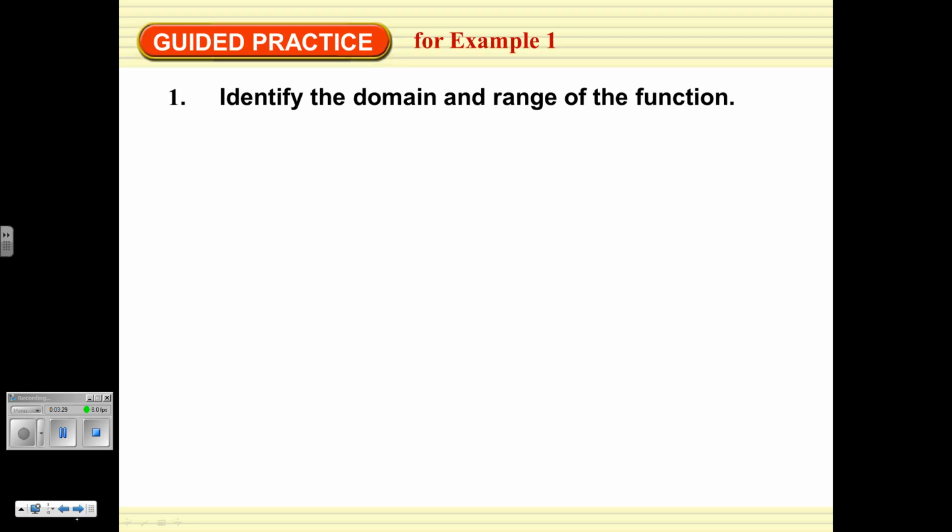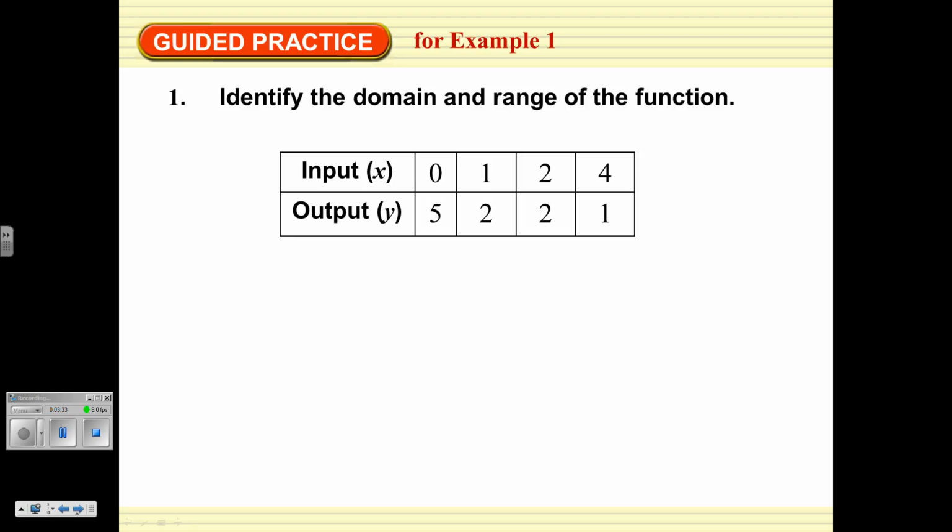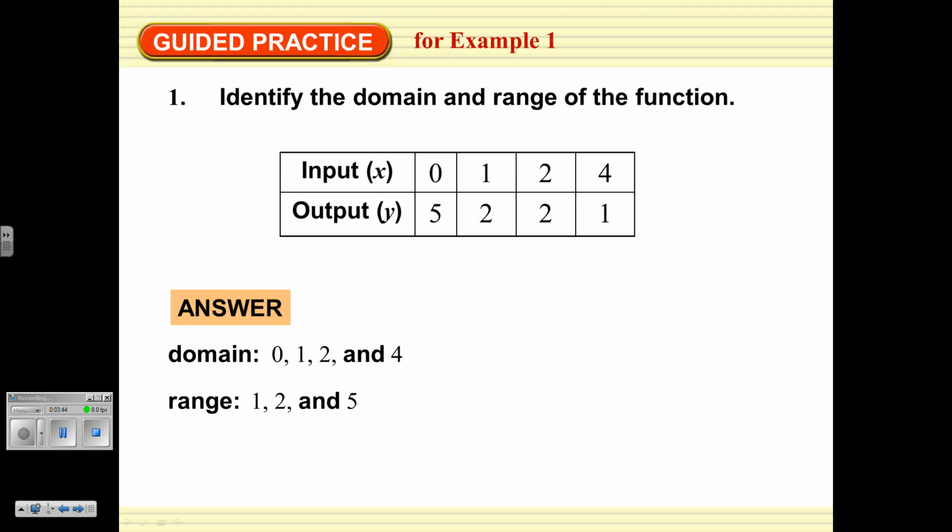So let's practice this. Very simple. Identify the domain and range of this function. Okay? So hopefully you've paused the video and you are identifying these. All right, your domain was 0, 1, 2, and 4. Now notice your range has 4 values, 1, 2, 3, 4 values, but we've only listed 3 down here.